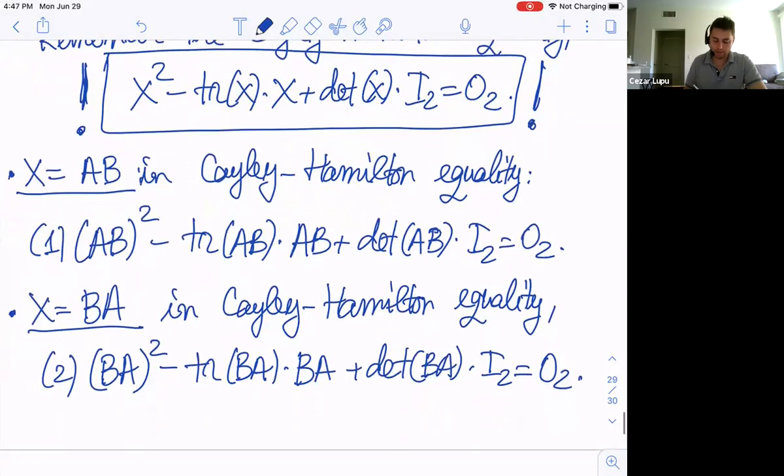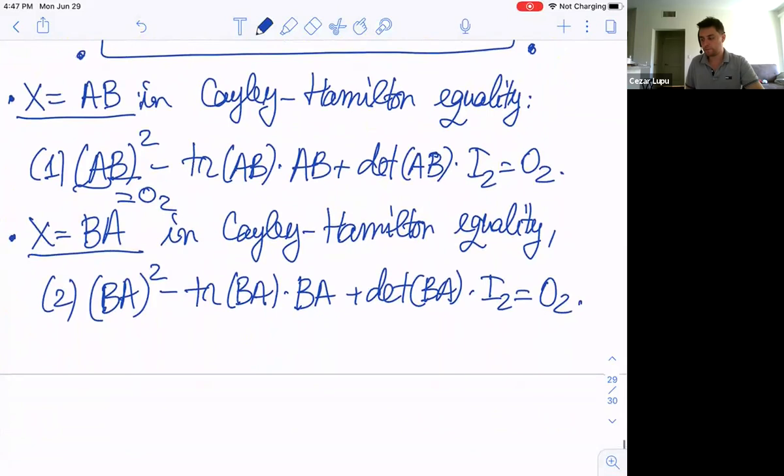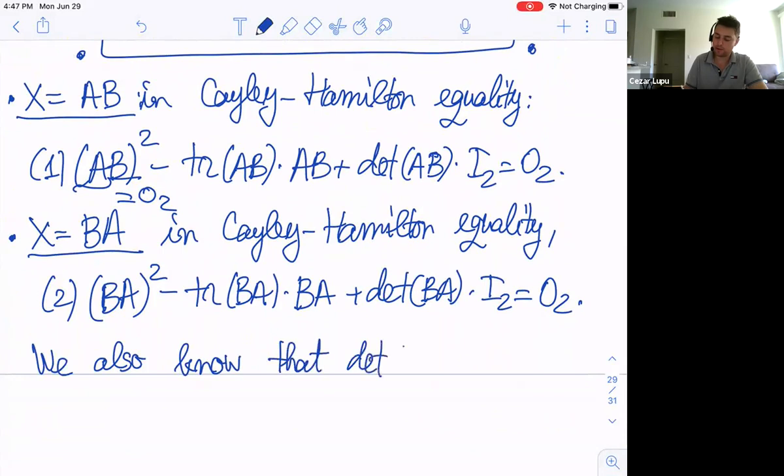We know that this guy is 0, and we also have to prove that BA squared is 0. So we know this, and we also know that the determinant is multiplicative, so the determinant of AB is nothing else than the determinant of BA.